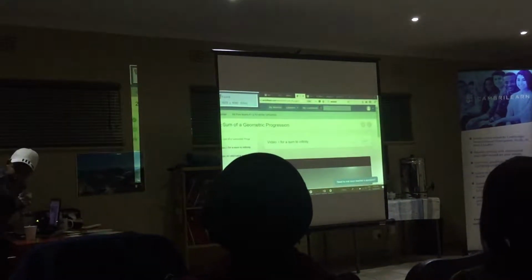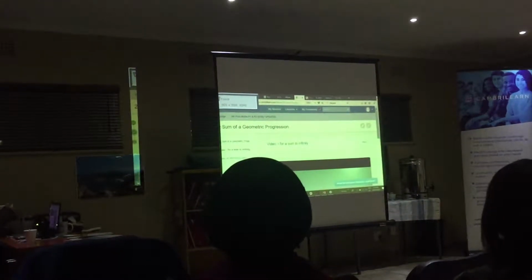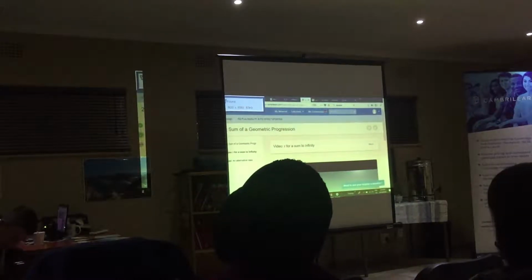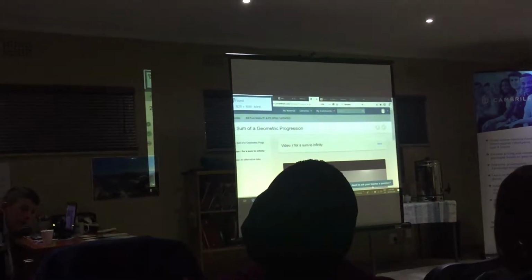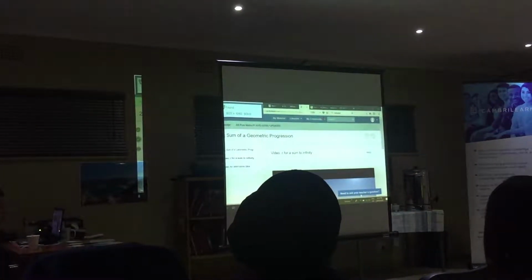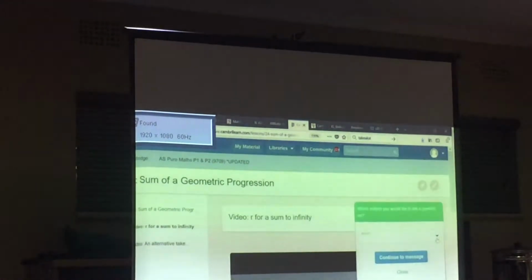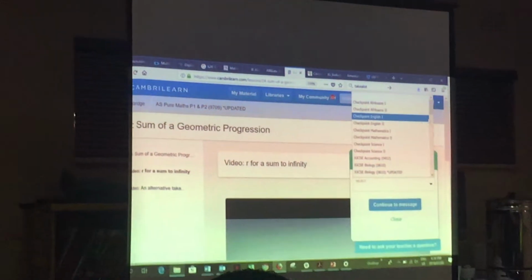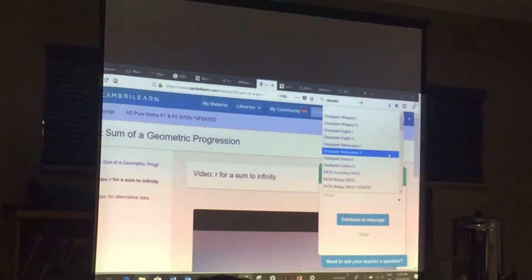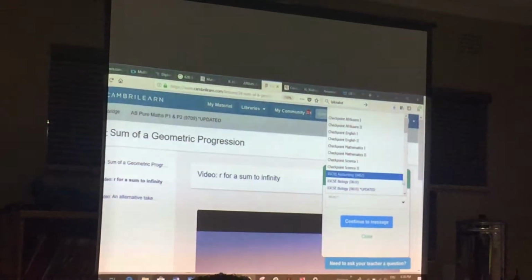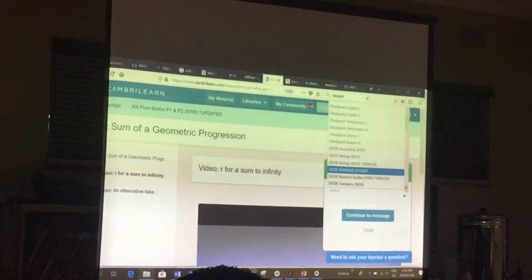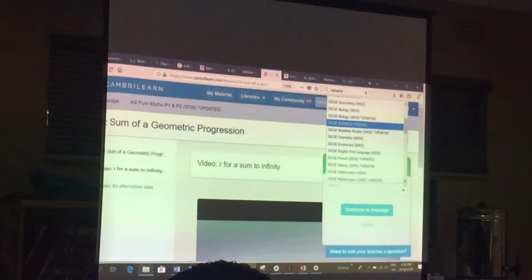Okay, so first thing I want to show you about the portal is it's got a button where you can communicate with your teacher anytime. So you message your teacher directly. This is like WhatsApp. I have all the teachers listed here, but you would only get your subjects listed. So for example, I am on a maths lesson, so I've got a question for my maths teacher.